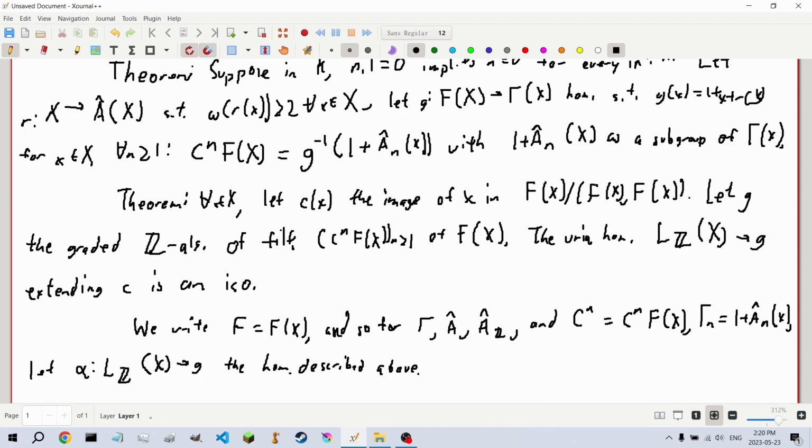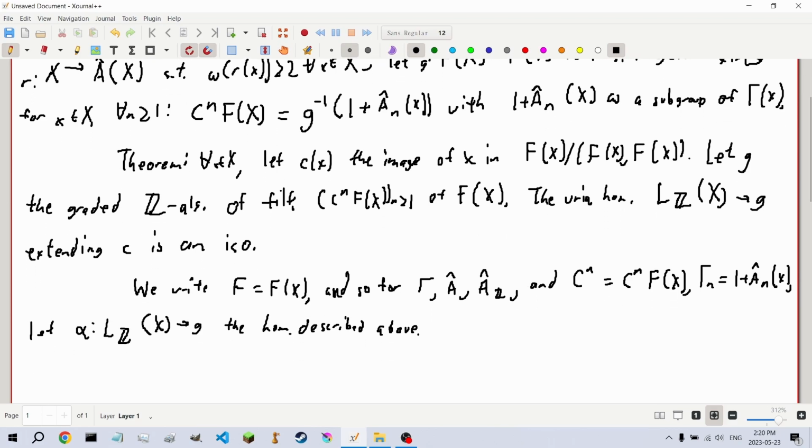Now, let's look at the proof here. Part A is preliminary reductions.